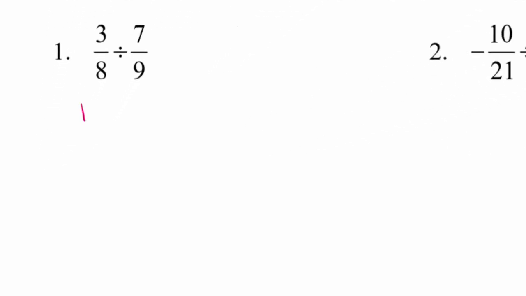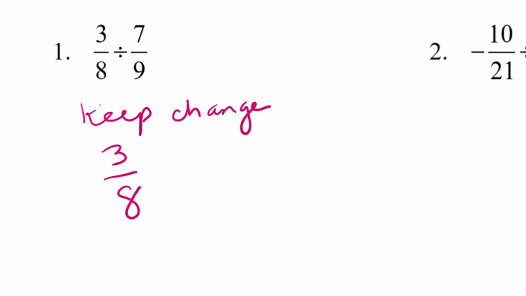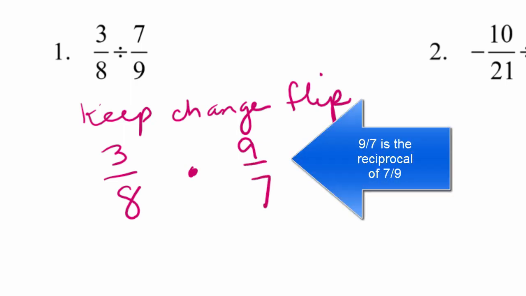We're going to keep the first fraction the way it is. We're going to change the division symbol to a multiplication, and we're going to flip the 7/9 to 9/7, which is the reciprocal of 7/9. Okay? So we get the reciprocal by flipping the second fraction.